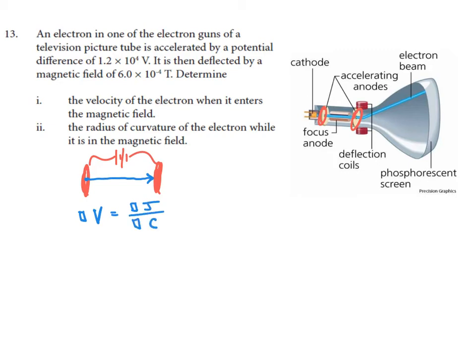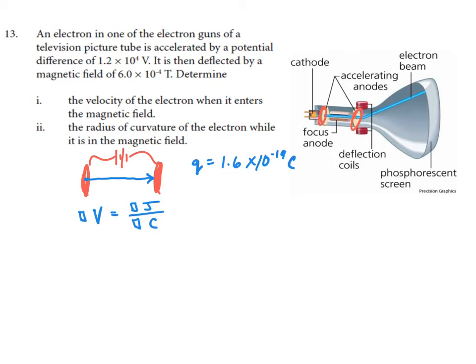So just from that voltage, and we know that an electron has a charge of 1.6 times 10 to the minus 19 coulombs, we can figure out how many joules that is.